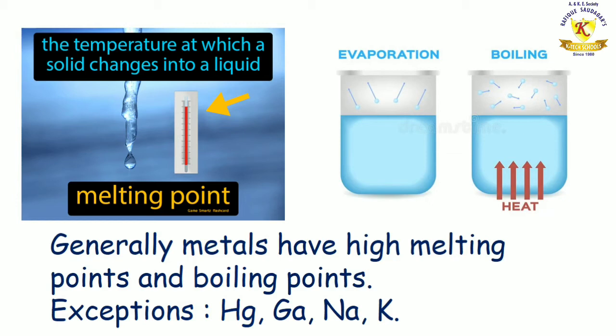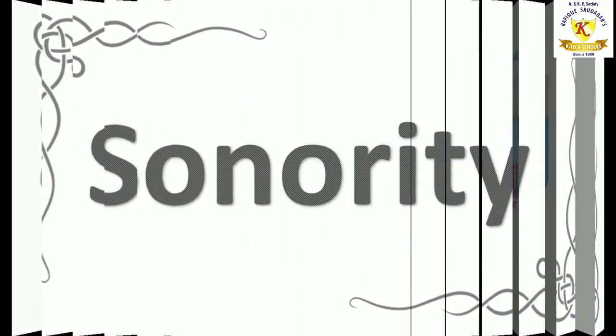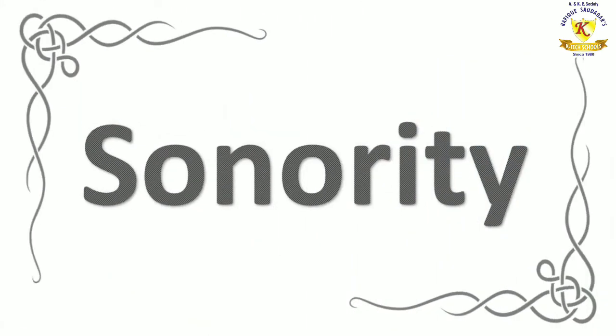Generally, metals have high melting points and boiling points, but there are a few exceptions like mercury, gallium, sodium, and potassium. Are you understanding this? The next property, number 10, we have sonority. Now, what is sonority?